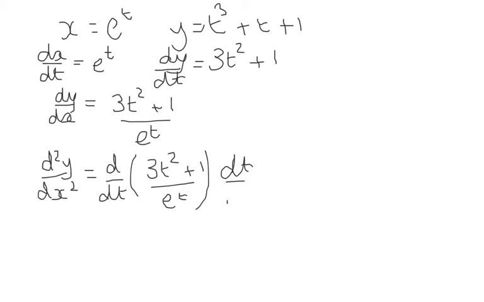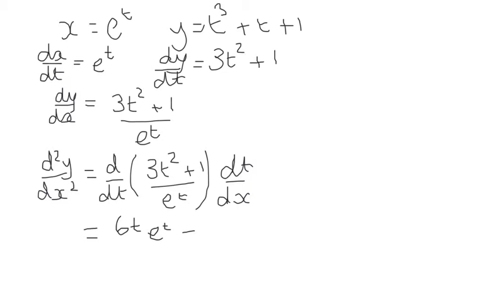It's just the chain rule. Now for the first function, we have to use the quotient rule. So we differentiate the numerator, 6t, and multiply by the denominator left alone, e to the t.